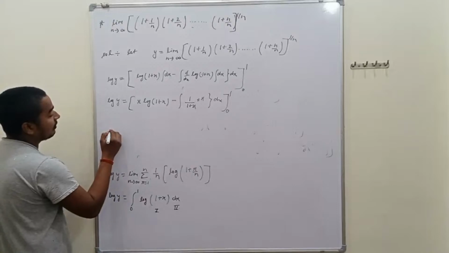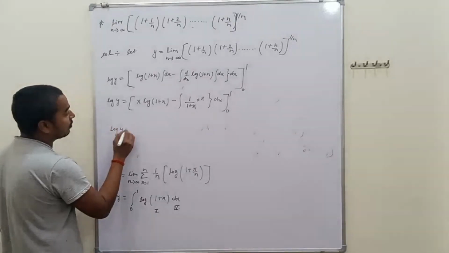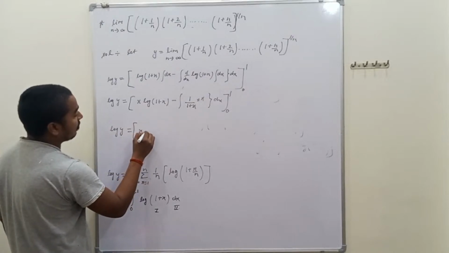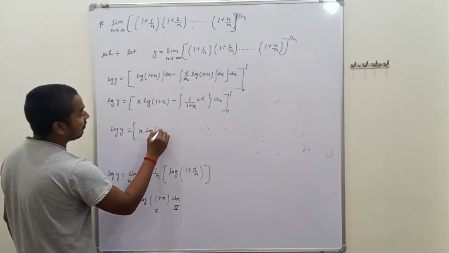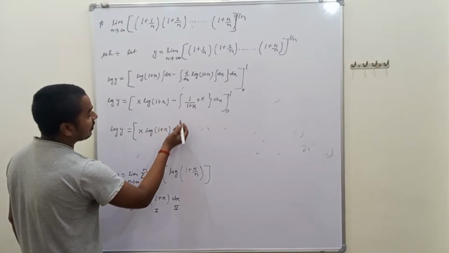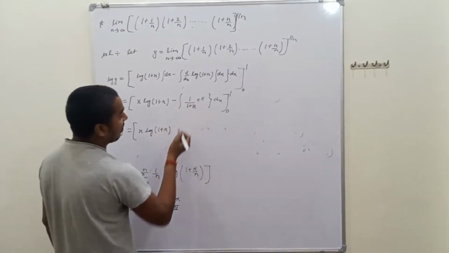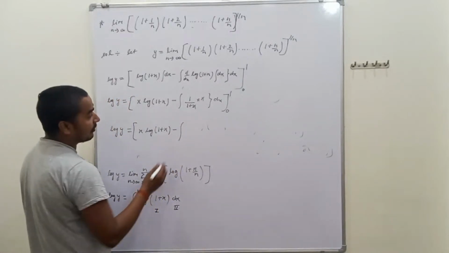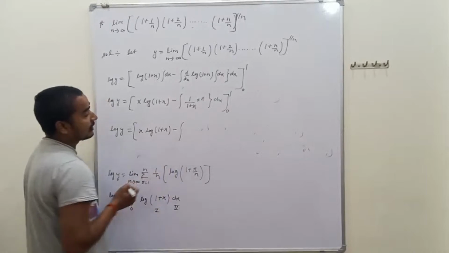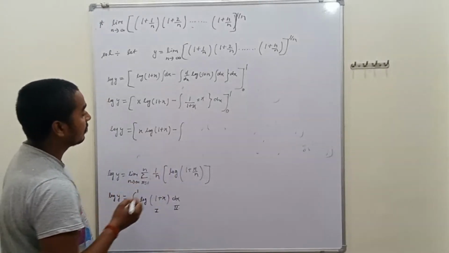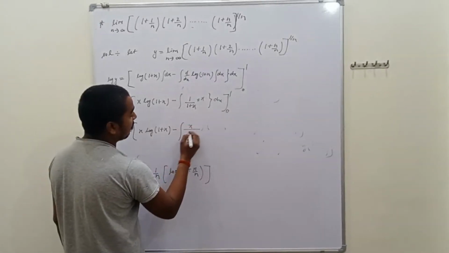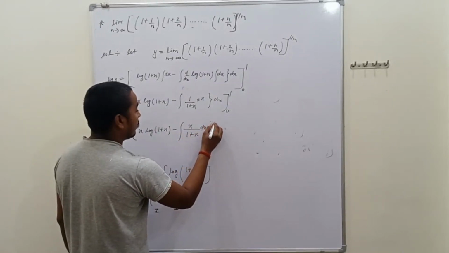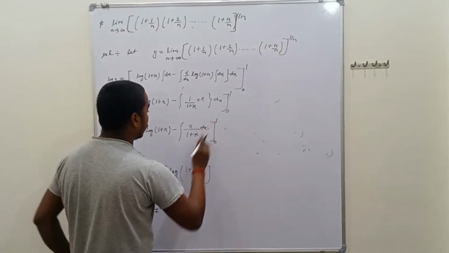We have to solve, that is log y is equal to x log(1 + x), and from here we have to solve, that is minus the integration of x upon 1 + x dx, whole integration from 0 to 1.